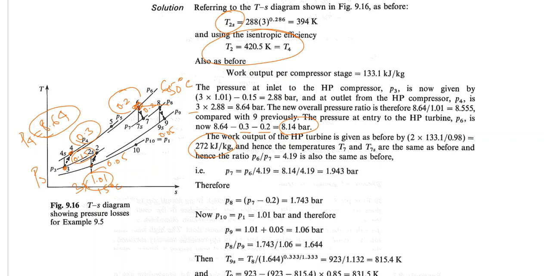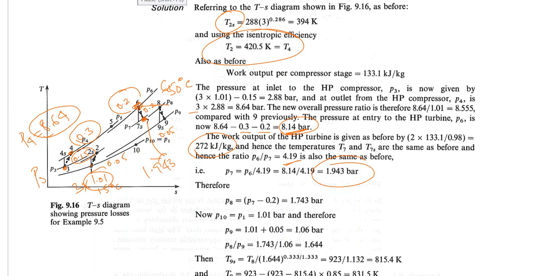If P6 is already there, which is 8.14 bar, and the ratio is there, which is 4.14, we can find the actual pressure at number 7. So at P7, I have a pressure of 1.943 bar.